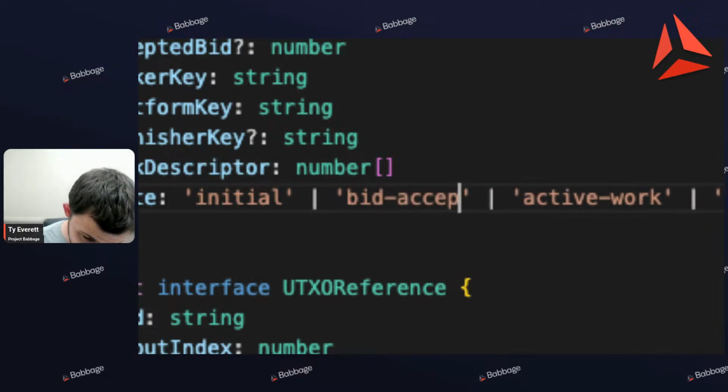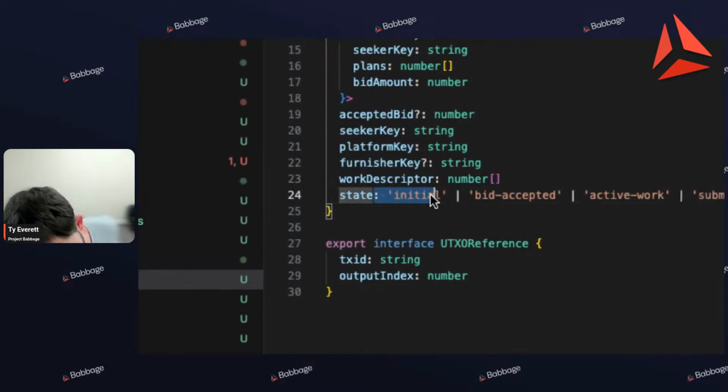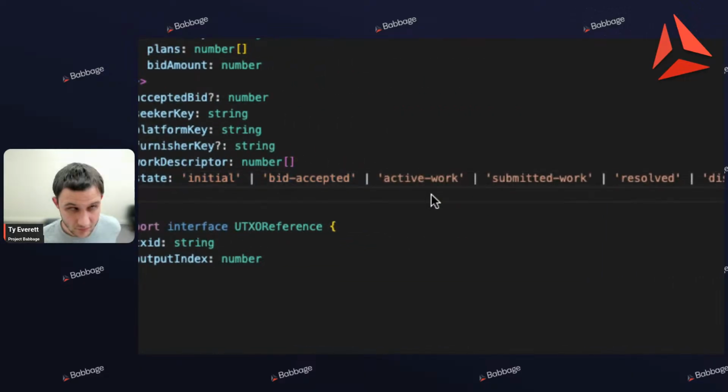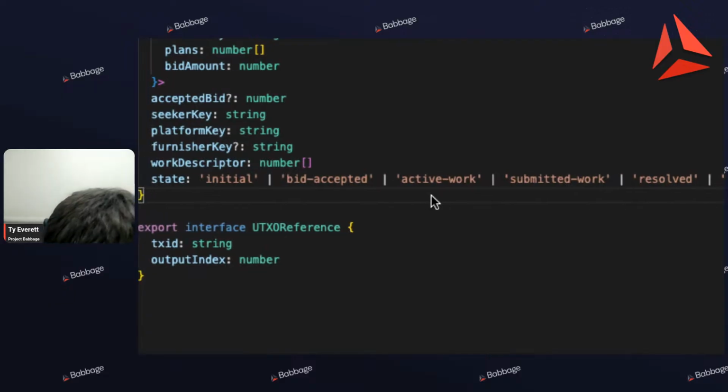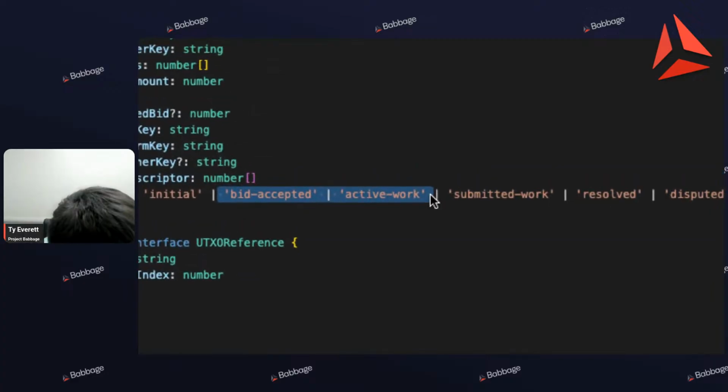So when I accept a bid, it goes to bid accepted, right? Timer's ticking the whole time for when I want it done. They have to post bond and start work. Posting the bond puts it to active work.